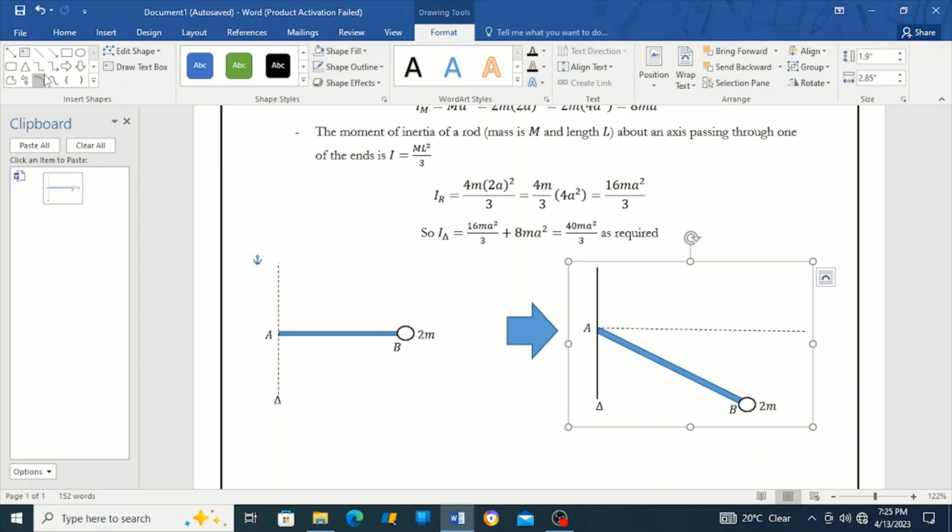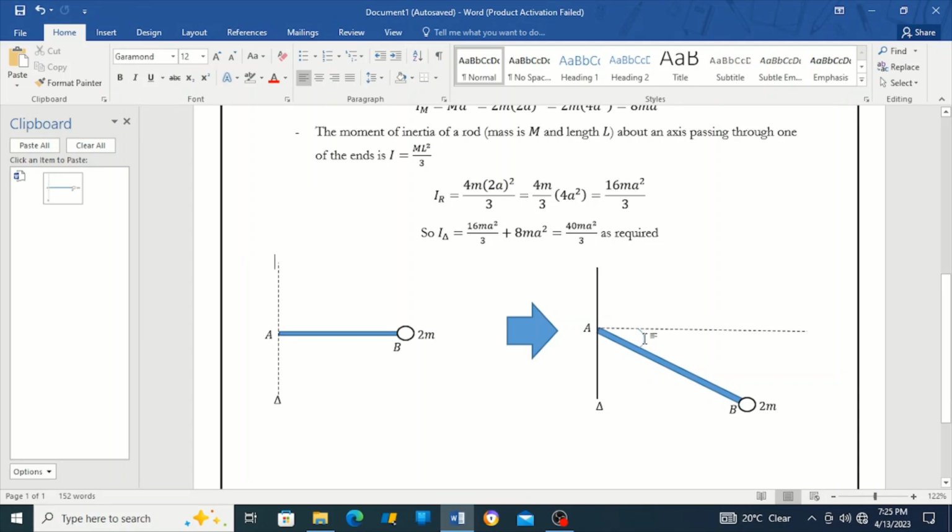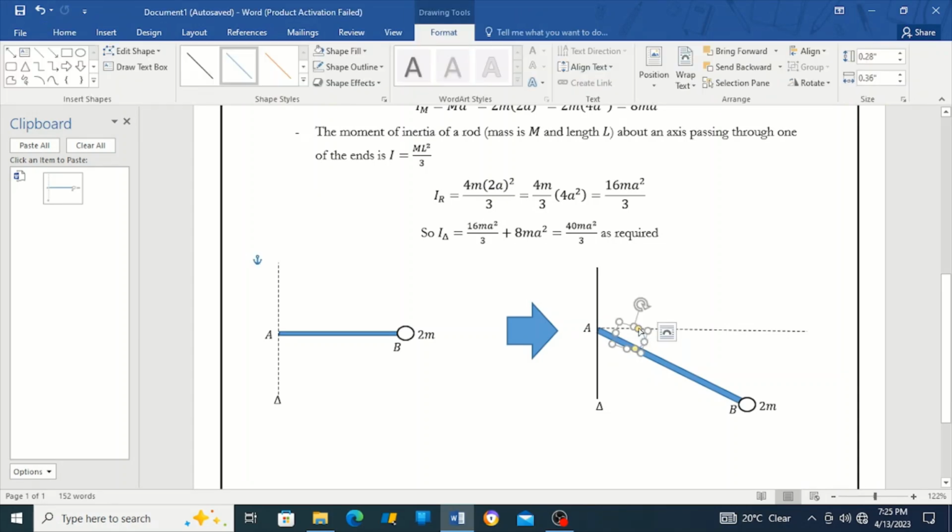So that angle is theta. Sorry for the delay.